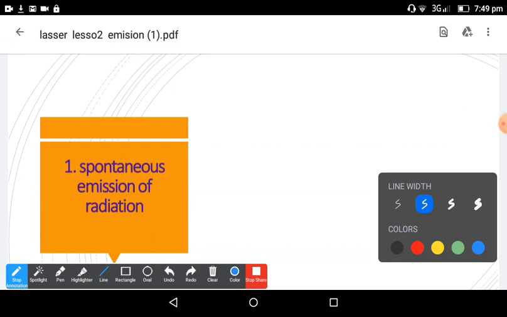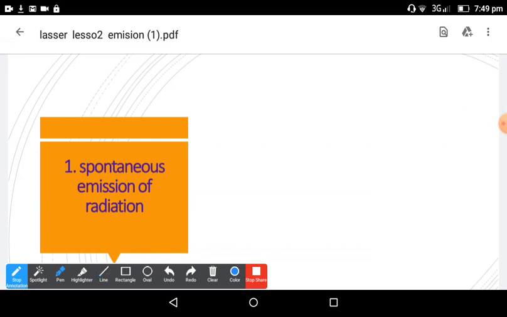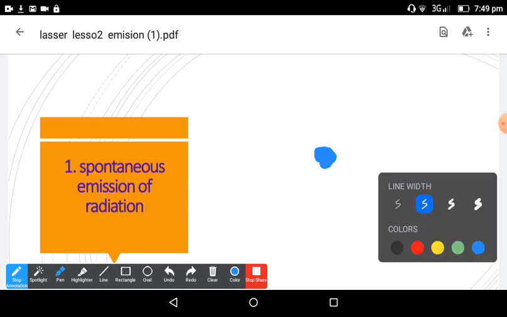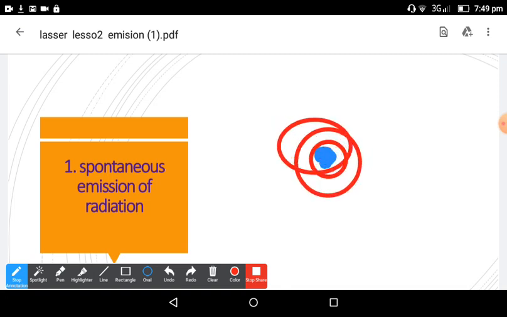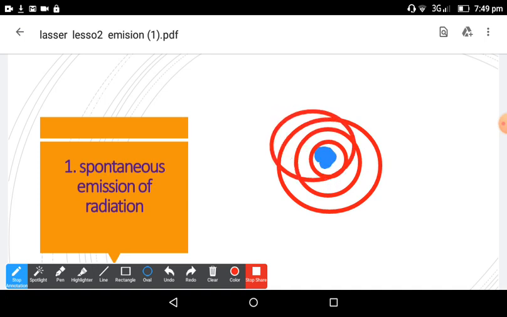According to Bohr's theory, an atom consists of the nucleus at the center. In this, we have protons and neutrons. Around this nucleus, electrons are revolving in different orbits.